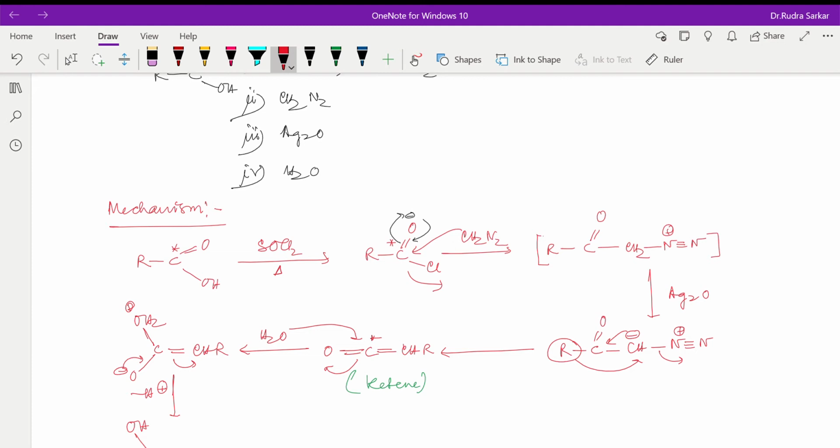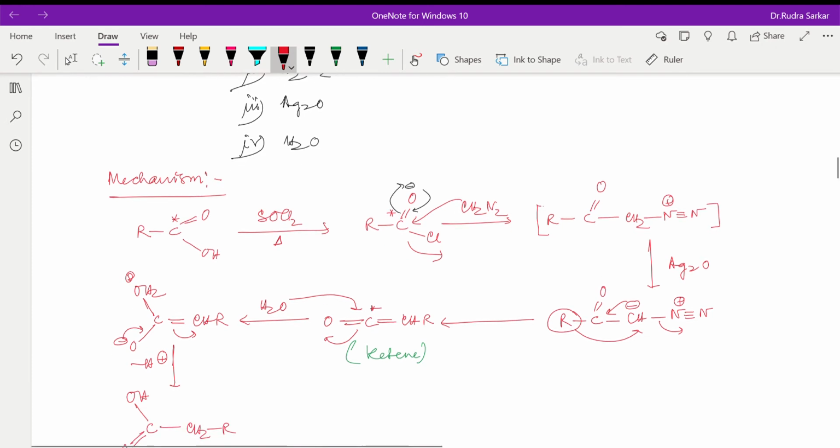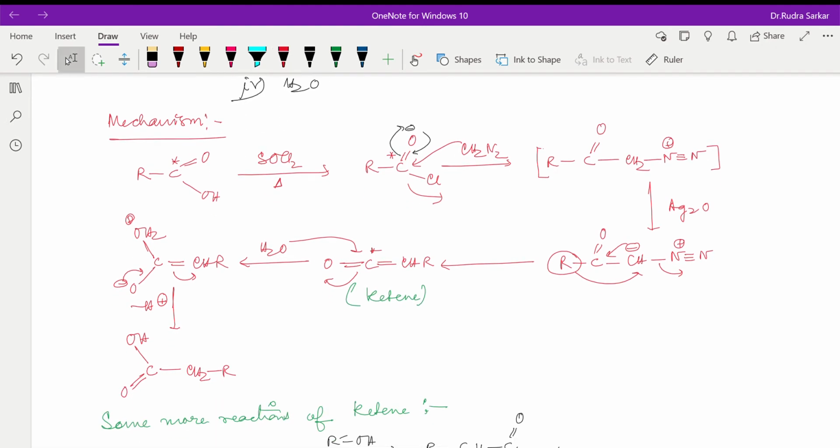We know that N2 is a very good leaving group, since this particular hydrogen is joined to a carbon next to nitrogen carrying a positive charge, so this will behave as a comparatively acidic hydrogen. And once you use a base like silver oxide, this hydrogen will be taken up by this oxide, and here N2 being a good leaving group will go out as nitrogen gas.